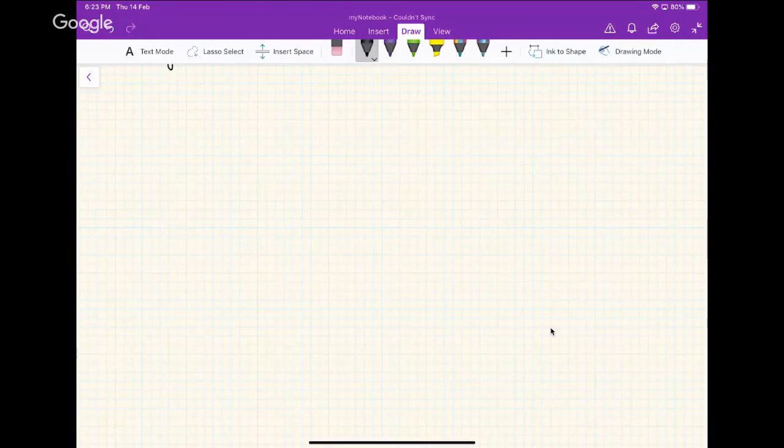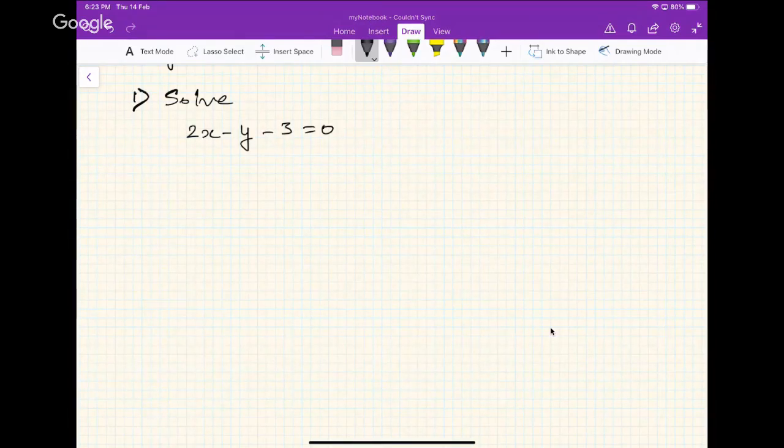Let's say the question is: solve this pair, 2x minus y minus 3 equals 0, and 4x plus y minus 3 equals 0. We'll see each method one by one.